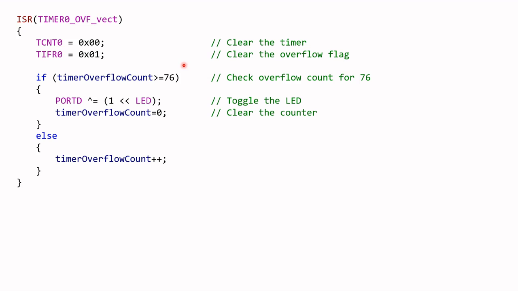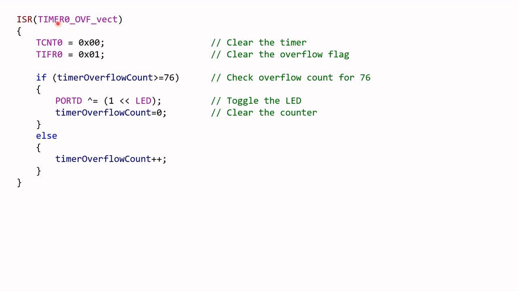Okay, let's take a look at the interrupt service routine, or the task. We start off with ISR in uppercase, and then in brackets we put TIMER0_OVF_vect, with lowercase vect. This has to be exactly the same as this, and you'll recognize it from the early discussion taken from the datasheet.